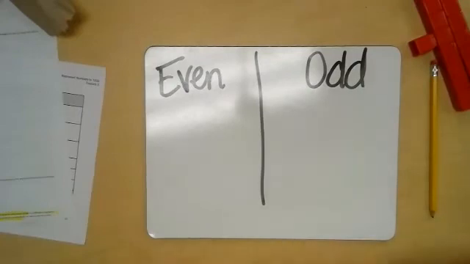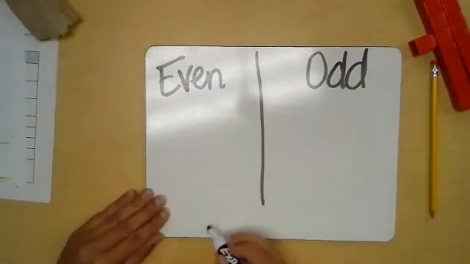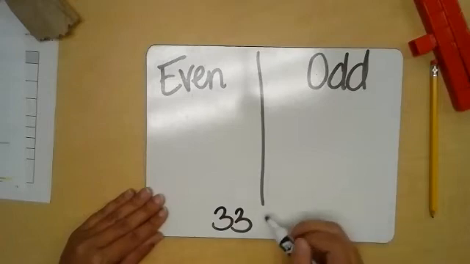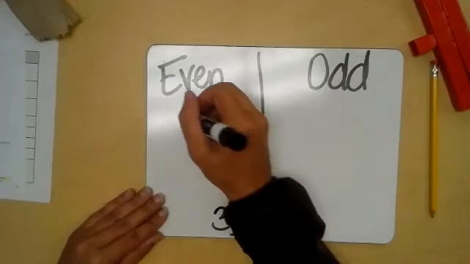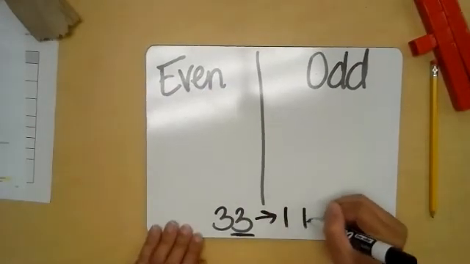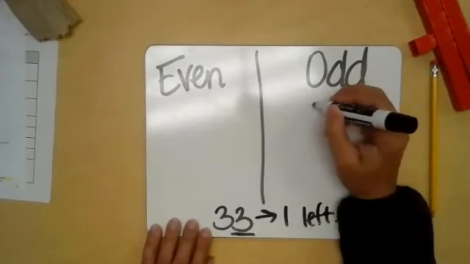What was the number from our very first station? What was it in the starting number? Remember, it was a 33. What do we notice that's in the ones place? The number 3. And remember, we had 1 left over with that 3.